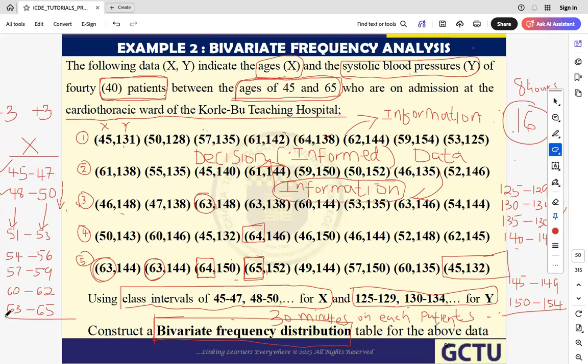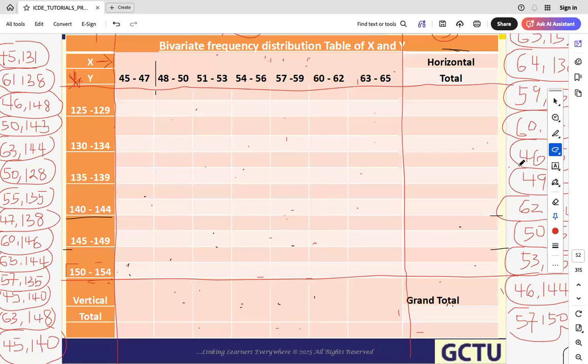And because 65 is the highest, we end. We don't proceed again. And that is what you are seeing here in the table. That is why we ended at 63 to 65 after starting from 45 to 47. We end at 63 to 65.